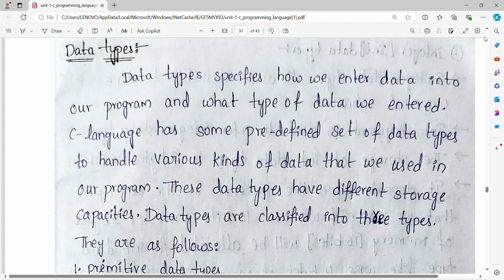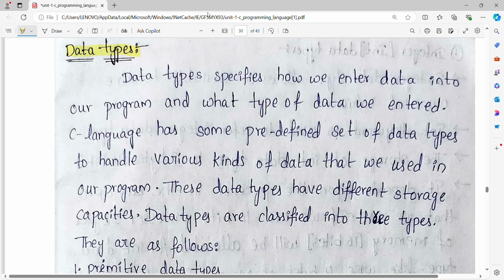See, what is the data? A data type seems to be a type of data.